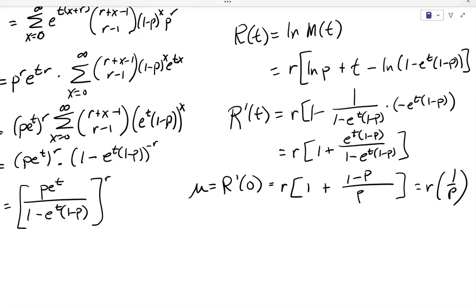All right, for variance, we have to do the second derivative and plug in 0, right? Now remember, that's after you do the log. That doesn't work if you just have the straight moment generating function, right? Okay. But we already took the log, so take the second derivative. I'll still have the r hanging out in front, right? Inside the parentheses, the derivative of the 1 will be 0. Here we have to do a quotient rule. That looks like fun.